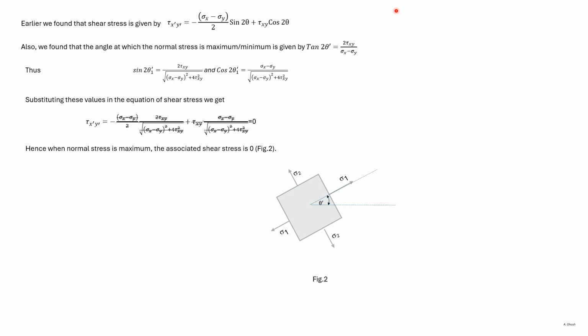So here in this diagram, if these are the maximum and minimum normal stresses, then this element will have no shear stress acting. We discussed this phenomenon physically earlier. Now this behavior has been algebraically proven.